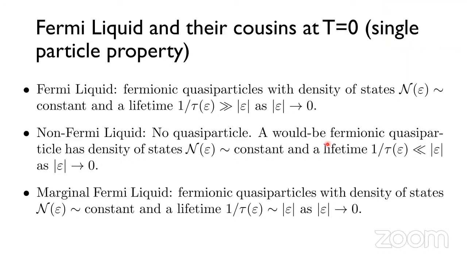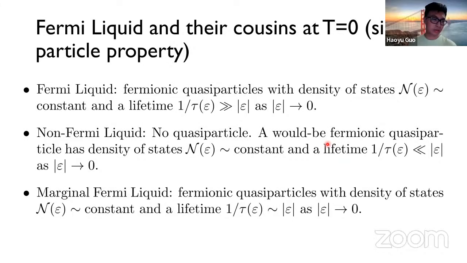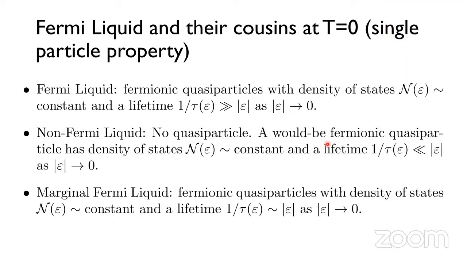So you're saying that this theory is adiabatically connected to a theory with a Fermi surface, but as you go along the flow, the lifetime of the quasi-particles goes to 0. Yeah, this is just a practical way. Of course, this is not the best definition of a non-Fermi liquid, but practically we do it like this.